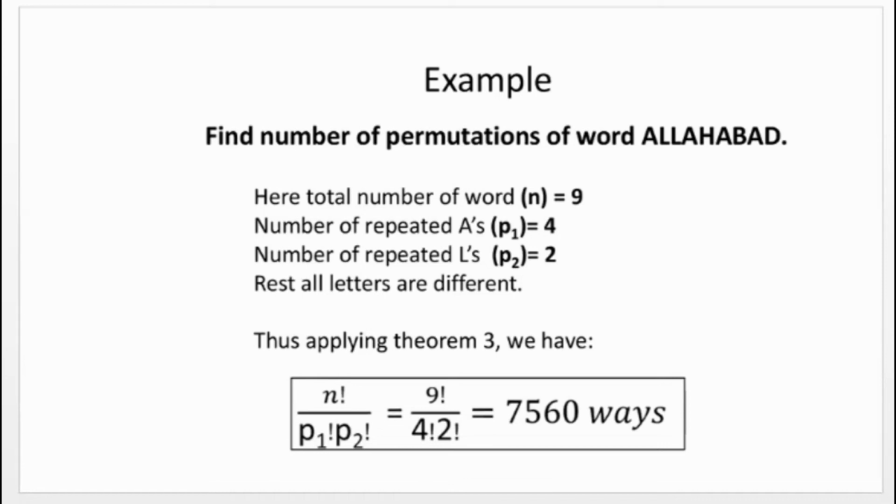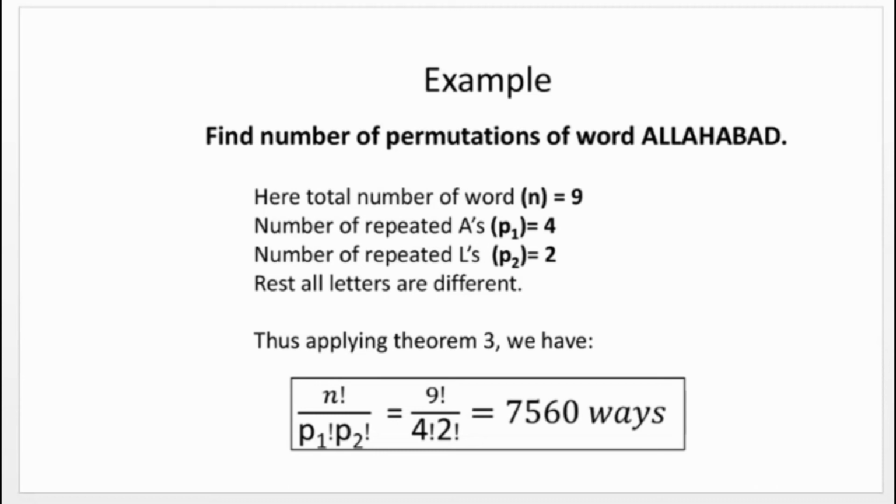How many different ways can we fill the third letter? 7. And so on up to 6, 5, 4, 3, 2, 1. Totally 9 into 8 into 7 into 6 into 5 into 4 into 3 into 2 into 1. 9 factorial different ways we can choose to fill these letters.